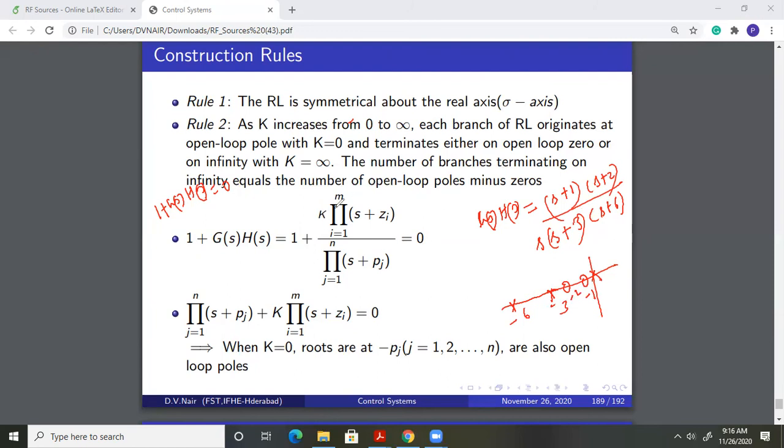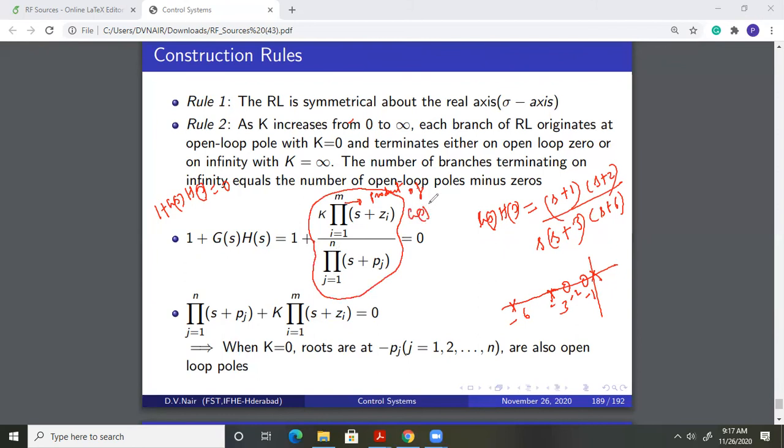So if I have the transfer function G(s)H(s) in pole zero representation, then I can write it like this: product of all these factors. The pi symbol indicates product of. So this is how we depict an open loop transfer function G(s)H(s). What is this quantity that I have encircled?